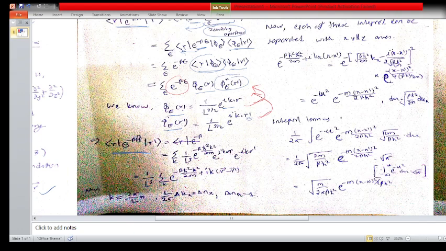If you further simplify, you can write 1 by L cube sigma over k of e raised to minus beta h cross square k square by 2m plus i k times r minus r dash.